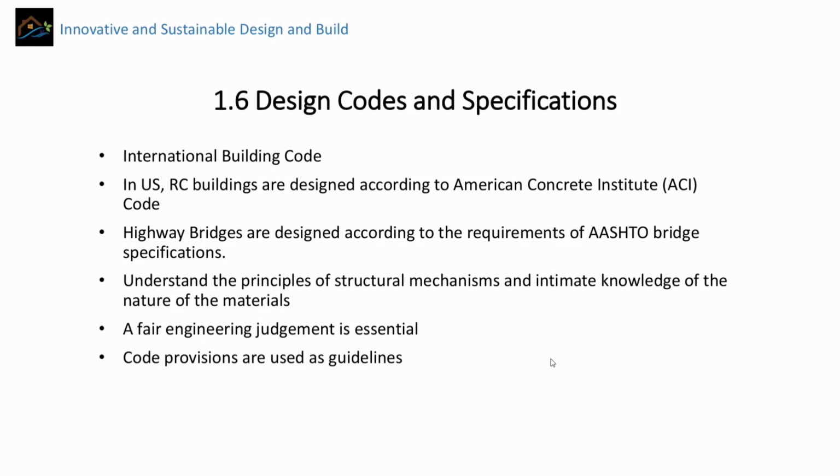So engineering judgment plus code provisions and understanding of the structural mechanisms and the nature of materials all together give us the strength and the skills to design buildings that can stand the forces without any failures.